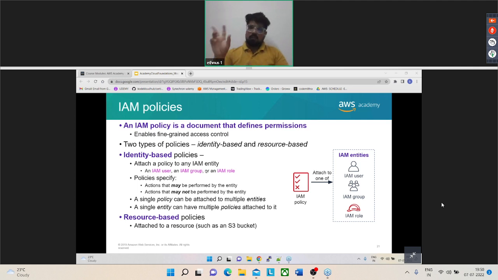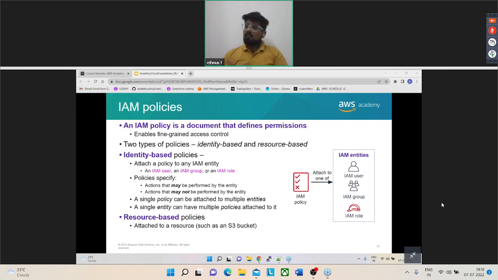So a single policy can be attached to multiple entities, whenever you have multiple people. Secondly, a single user can have multiple policies attached to their IAM user profile. You understood both sentences, both are different.